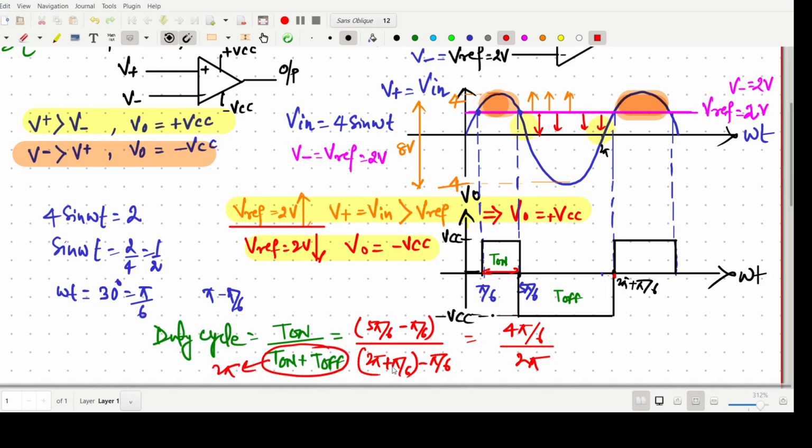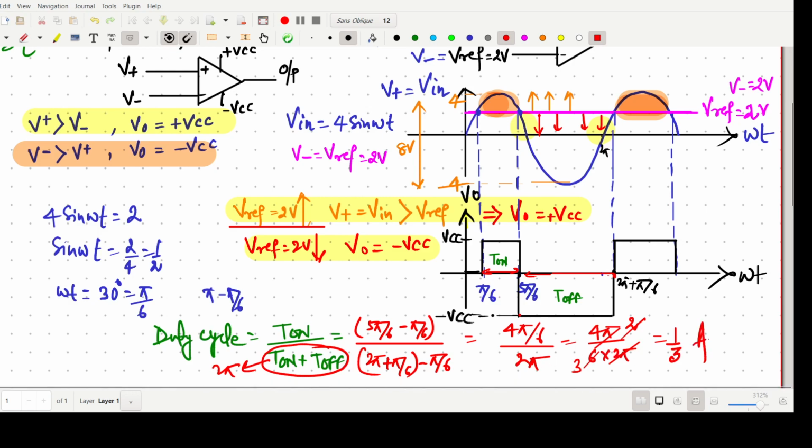That can be easily observed from 2 pi plus pi by 6 minus pi by 6. This one is our T off. So it should be 4 pi by 6 into 2 pi, so it should be 2 by 6, which is 1 by 3. So the duty cycle will be 1 by 3.